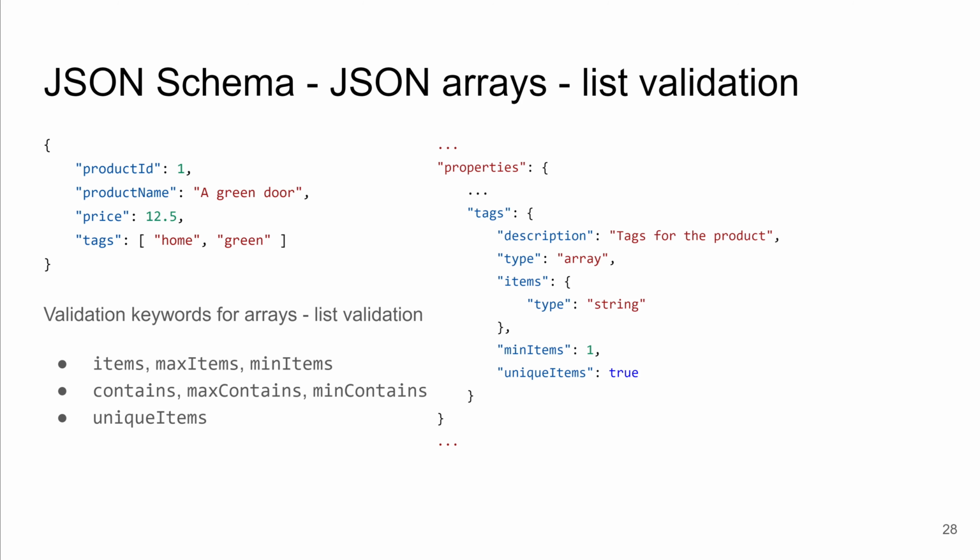So if instead of items we used contains, then the schema would need to apply to at least some of the items of the array. So this is list validation. It doesn't matter, for instance, in which order those items are validated and so on. So we validate this as a list of items.